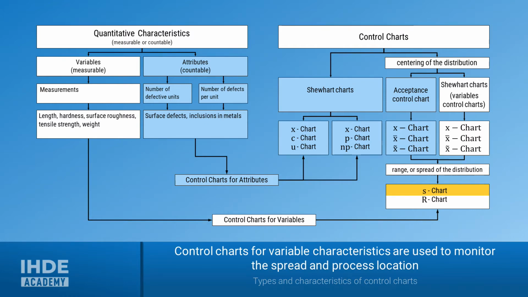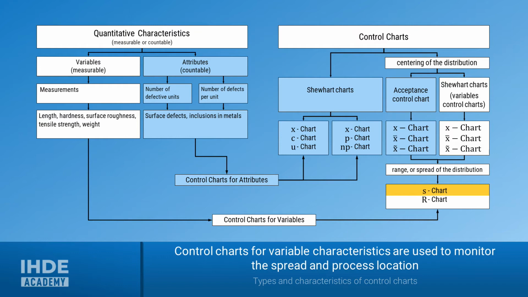The quantitative characteristics, shown on the left, can be divided into 2 different categories. First, the variable characteristics. These are all characteristics that can be measured. They always have a value and a unit. Examples of this would be the length, hardness, weight, surface roughness, or tensile strength of a component.